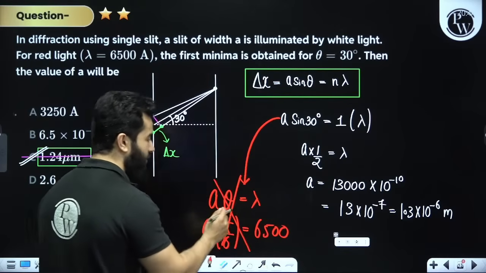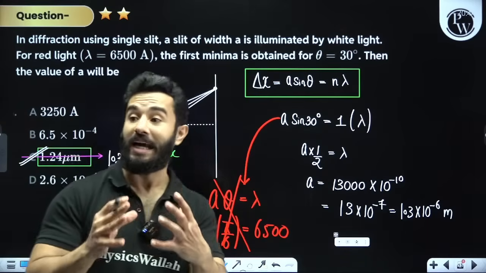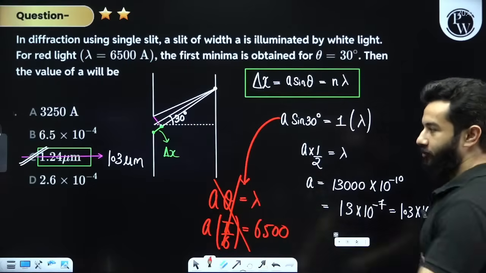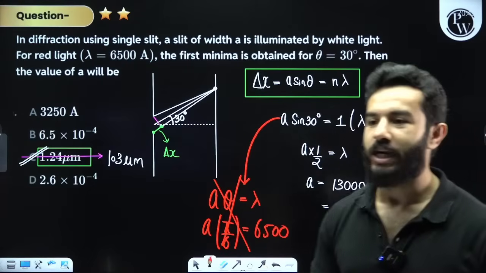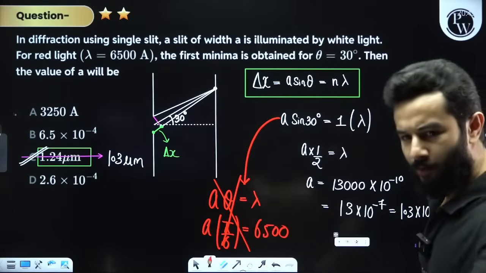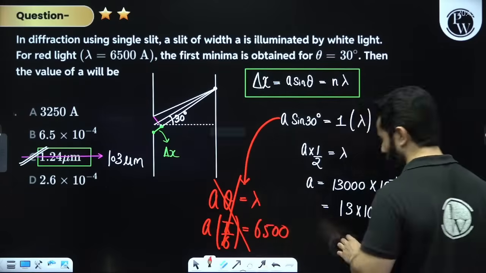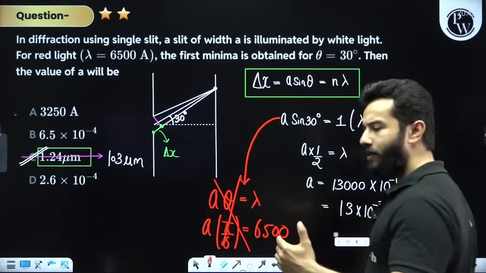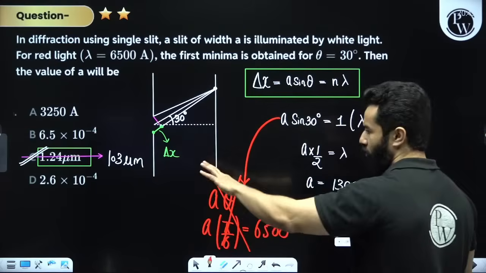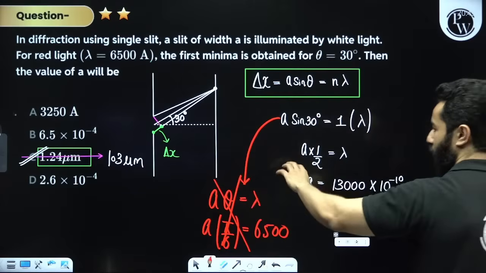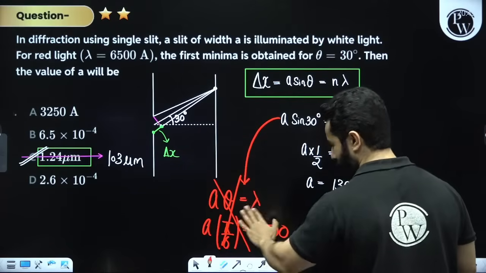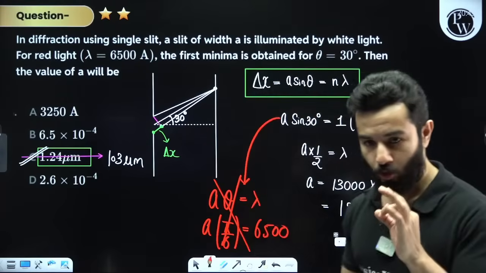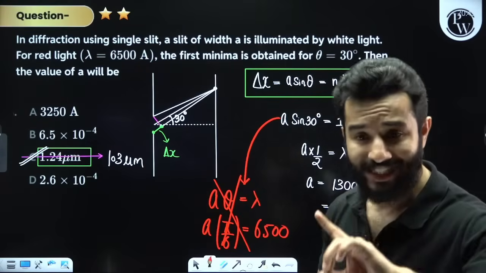This is wrong because theta is not a small angle. Don't use this thing. Maybe that's how 1.24 came. Our answer is absolutely correct here, no doubt about it. So correct answer is option C. The option might have come from here, but that's wrong. You cannot consider 30 degree as small angle. You are going to only consider small angles when angle is less than 10 degree.